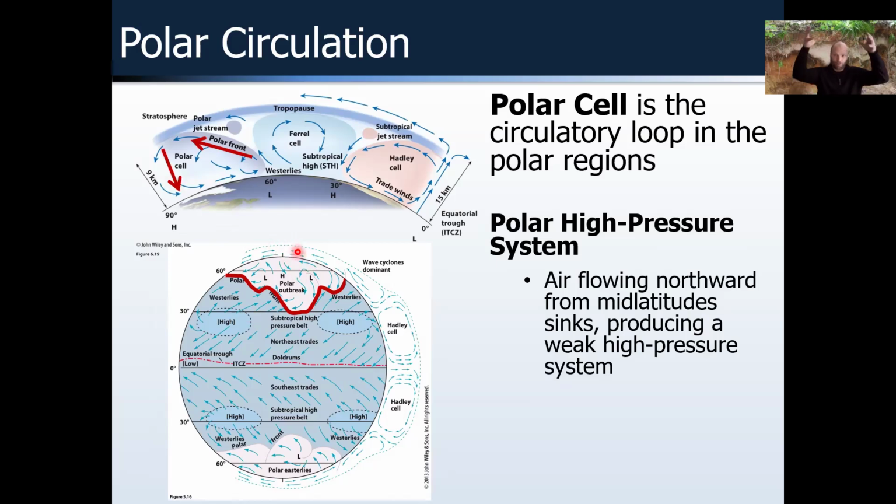And so you kind of have this persistent descending high pressure system over the pole. Even though the North Pole receives snow and precipitation, and we think of that as wet, actually the North Pole and the South Pole, for the same reason, are incredibly arid. They're essentially cold deserts.